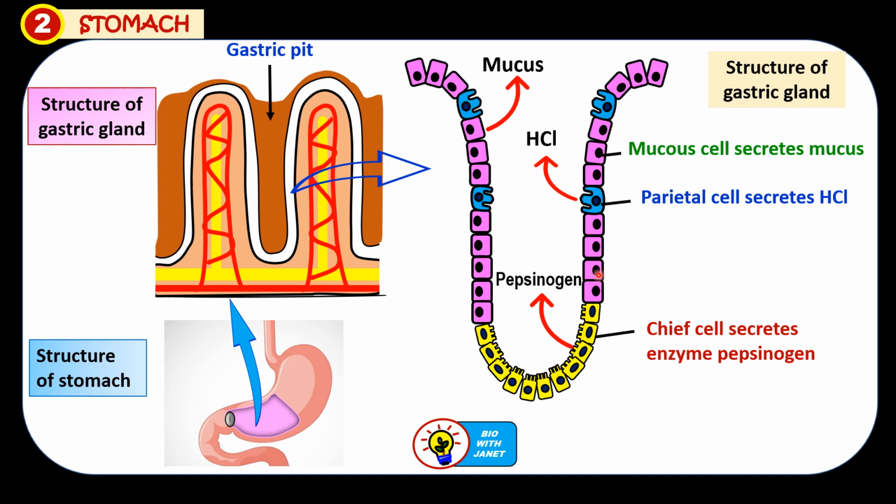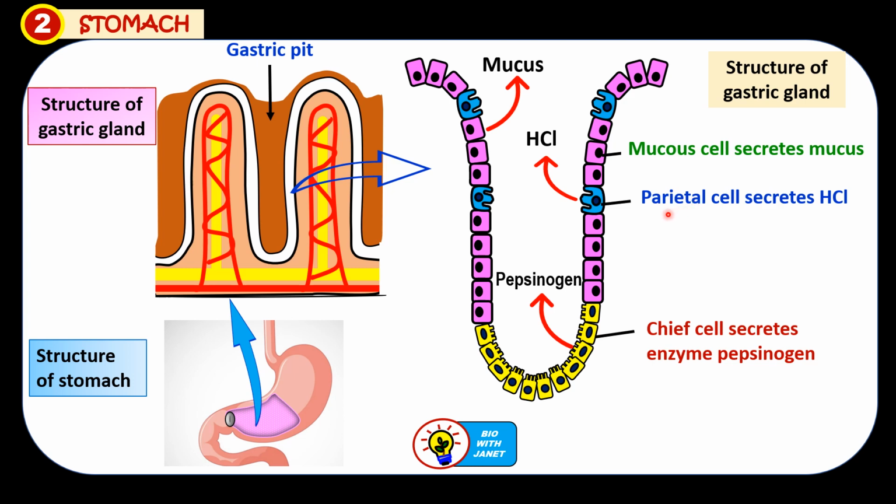The three epithelial cells in the gastric gland are the chief cells, the parietal cells, and mucous cells. Chief cells secrete the enzyme pepsinogen. When pepsinogen comes in contact with hydrochloric acid, it will be activated and converted to pepsin. Then pepsin will digest the proteins to form polypeptides.